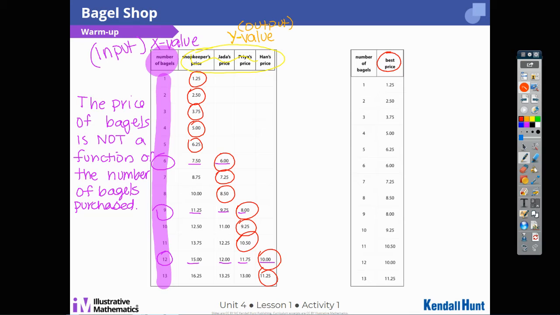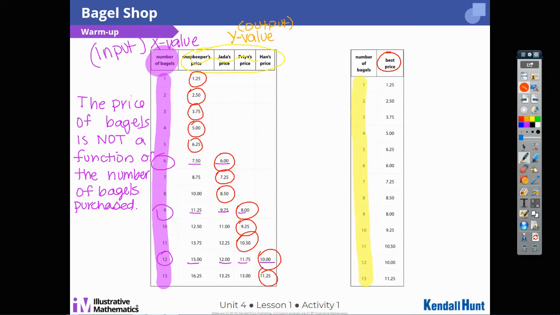Okay. And so now for every set input, so all of my inputs over here, I have exactly one output. So for something to be a function, each input has exactly one output.